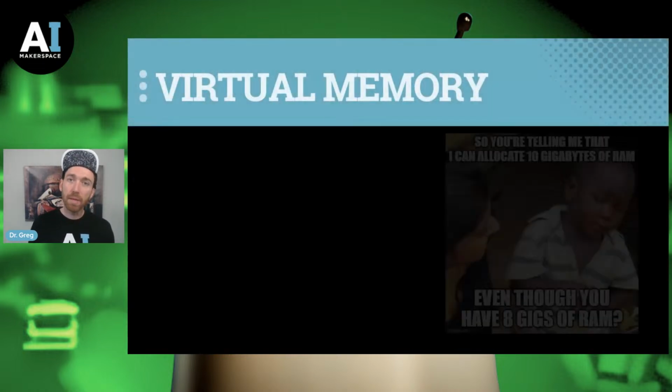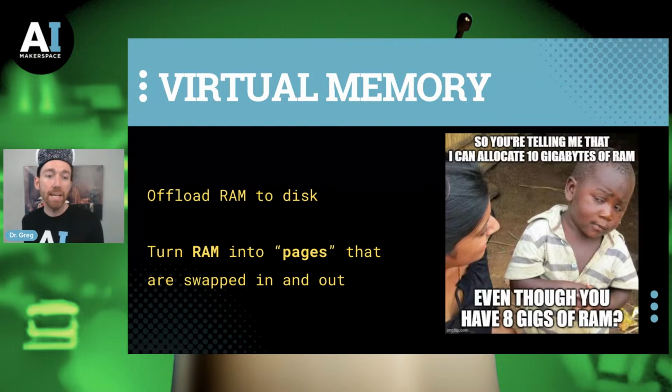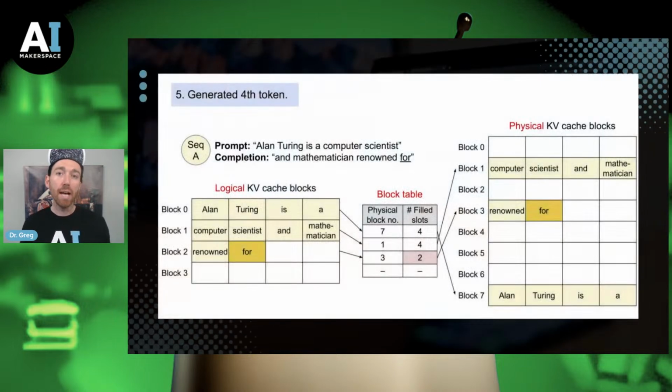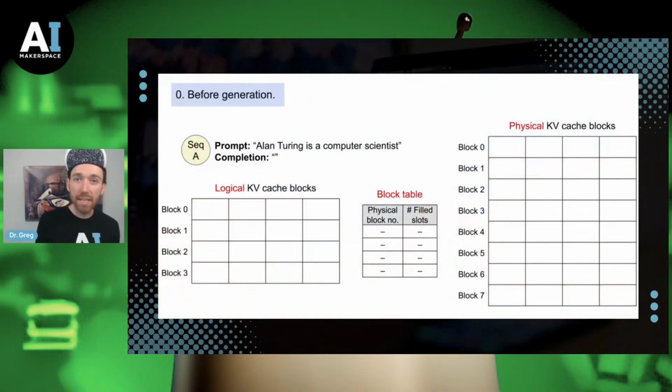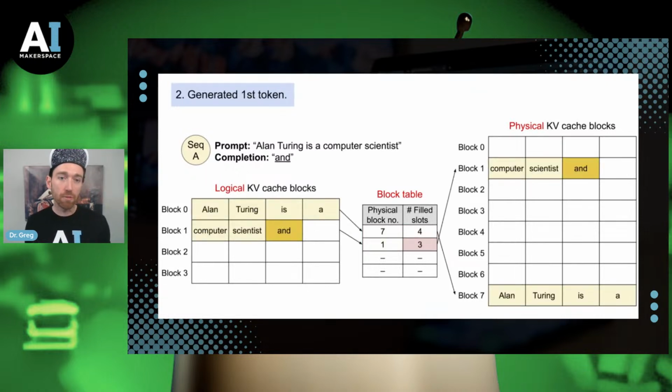They piggybacked on this idea of virtual memory, which is quite an old idea, where you're effectively turning RAM into lookup table pages that are swapped in and out. They did something very similar with LLM K and V cache blocks, leveraging this similar idea of virtual memory.